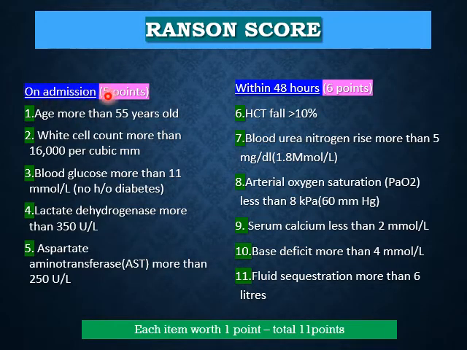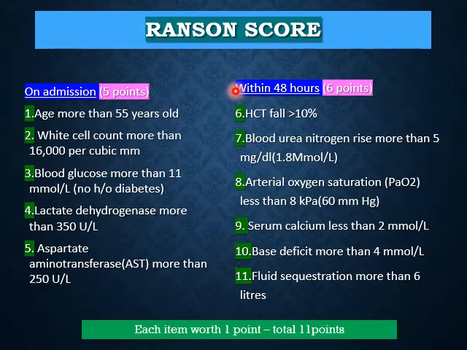First, on admission, there are 5 of them: age of the patient more than 55 years, white cell count more than 16,000, blood glucose more than 11 millimoles per liter provided the patient is not diabetic, LDH or lactate dehydrogenase more than 350 international units per liter, and AST and ALT more than 250 units per liter.